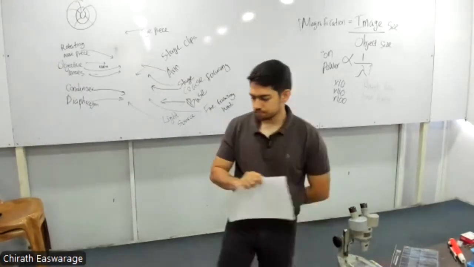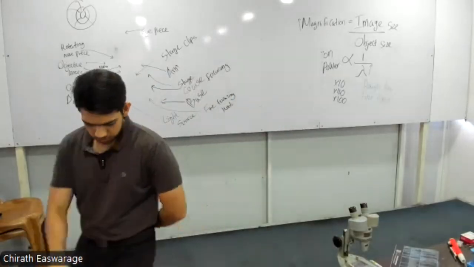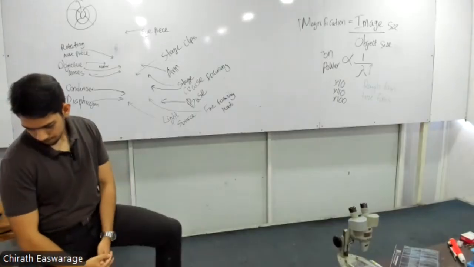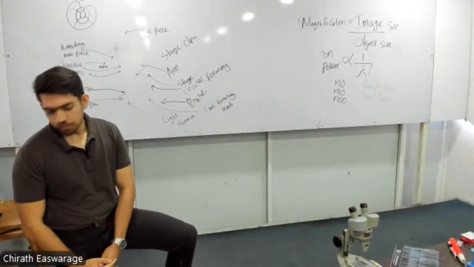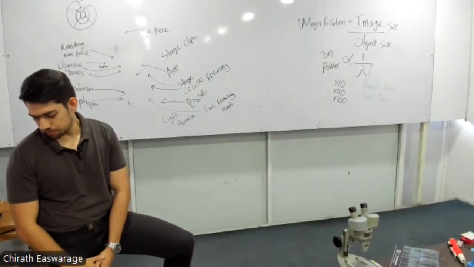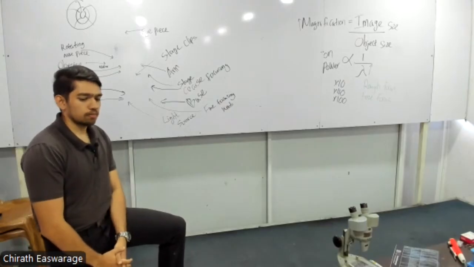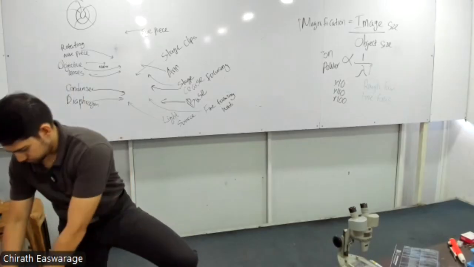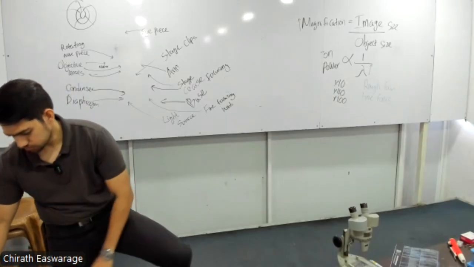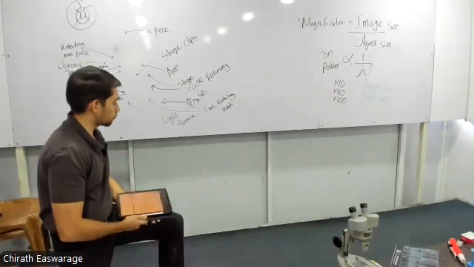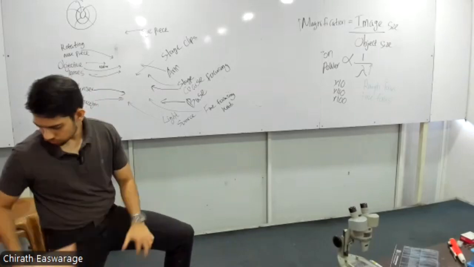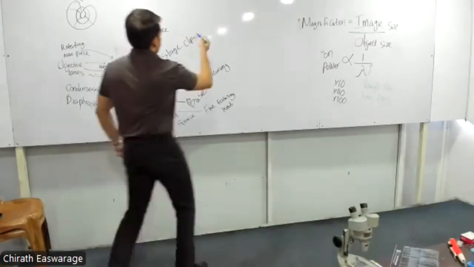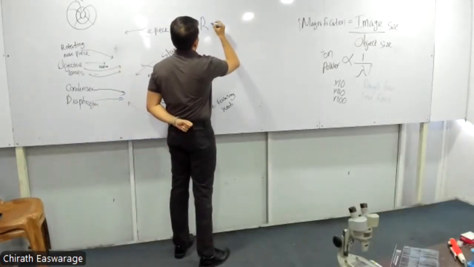Number one, first step, write down. Online students, write down. Make thin epidermal peels of onion or rohio. It's scientific.